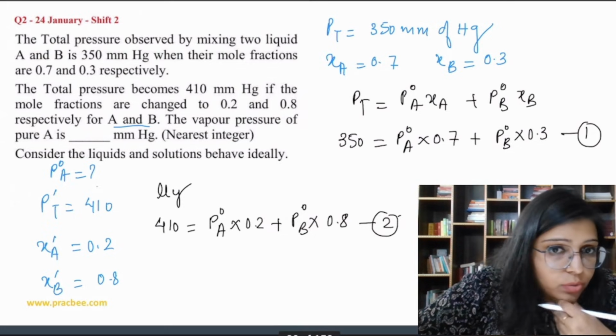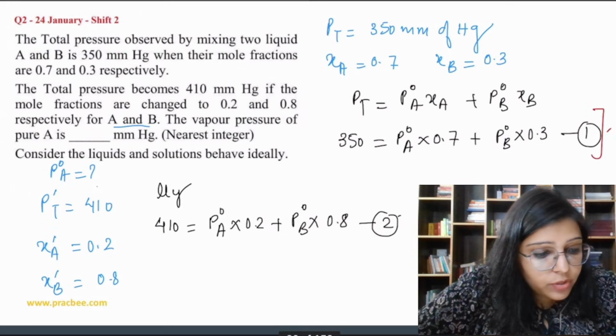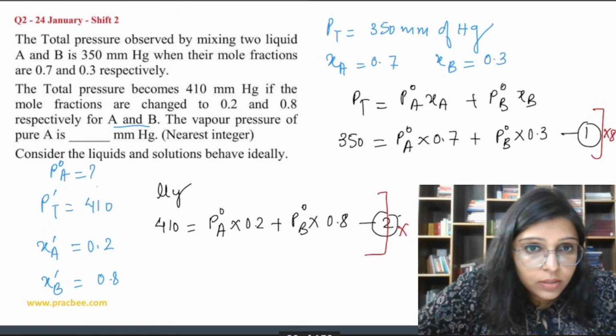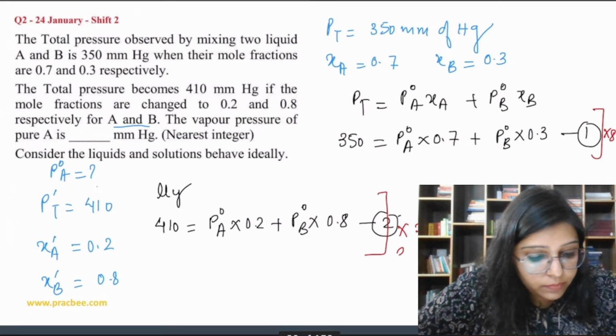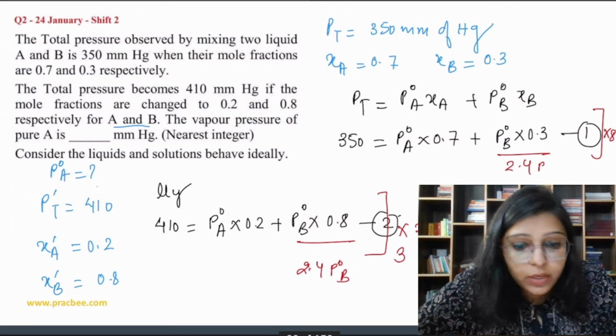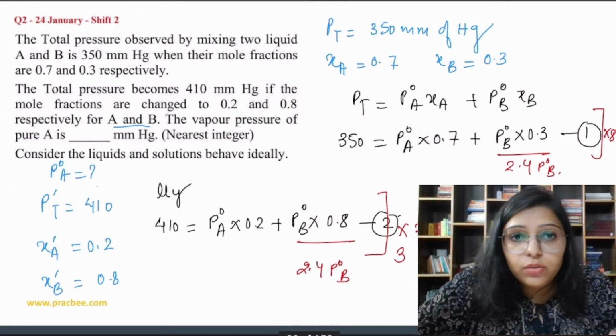So what we are going to do? We are going to multiply the first equation with 8 and the second equation with 3, so that the P naught B term becomes 2.4 P naught B in both.